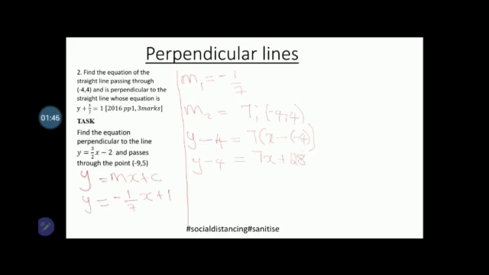Negative, it will be positive. 4 times 7, it will be 28. So you have y minus 4 is equal to 7x plus 28. The 4 comes this side, it now becomes positive, and the equation therefore is y equals 7x plus 32. So this line is perpendicular to the line given in the equation.